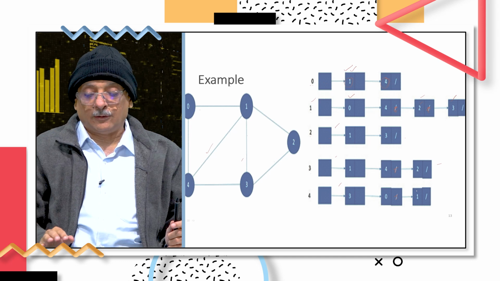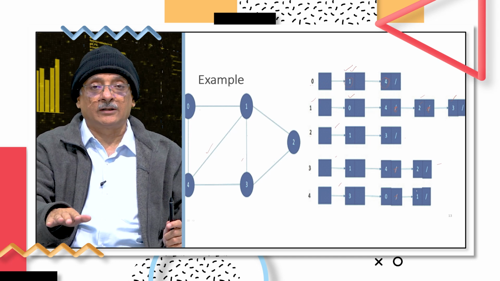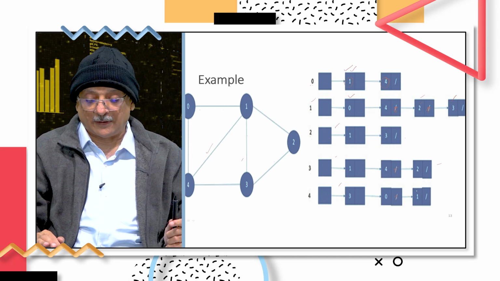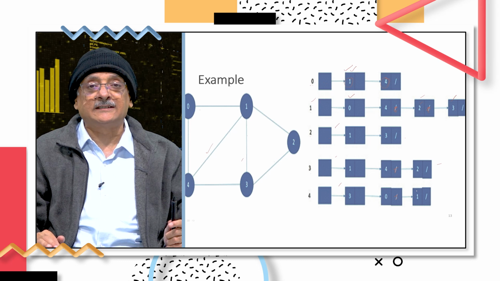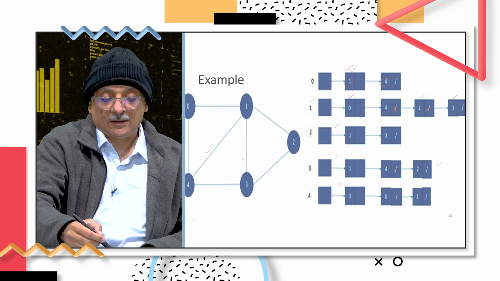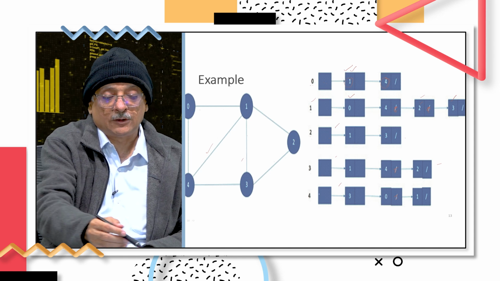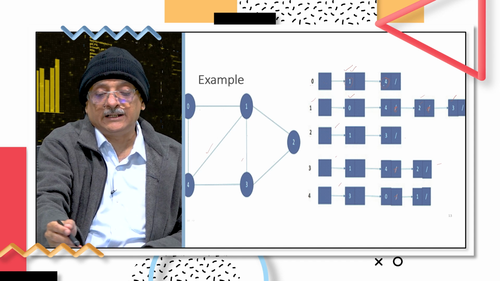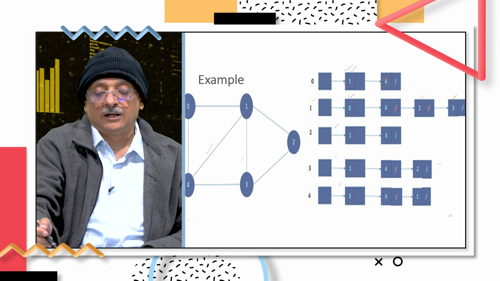In the linked representation of a graph, we have the adjacency list, where the number of lists is equal to the number of nodes, and each edge is represented in there.